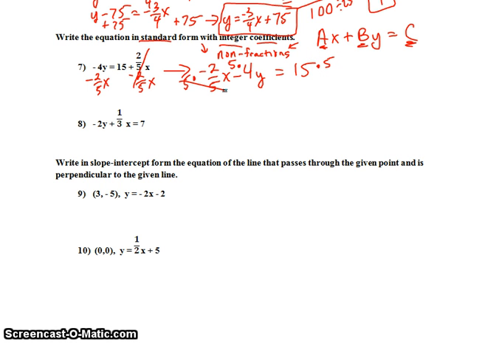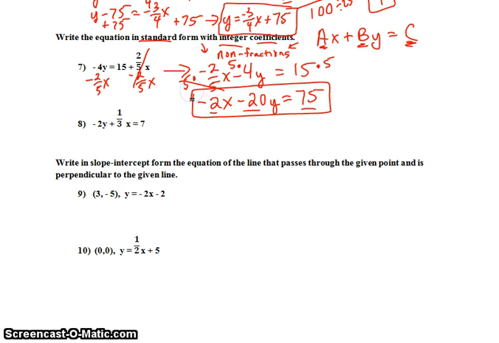So negative 2x is left. Then 5 times negative 4 is negative 20y. And 15 times 5, you may need a calculator, but that's 75. Okay? Integer, integer, integer.